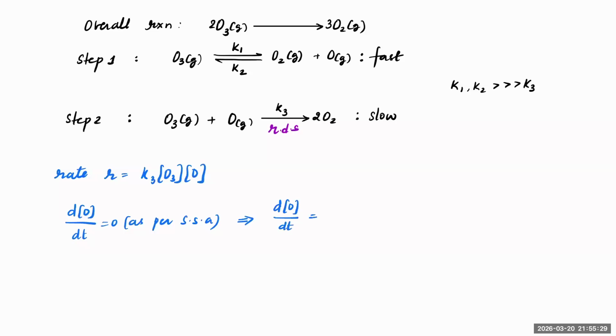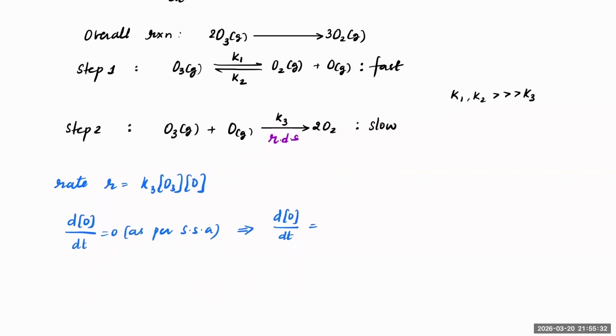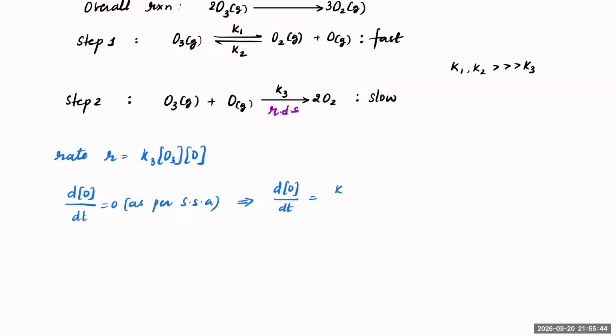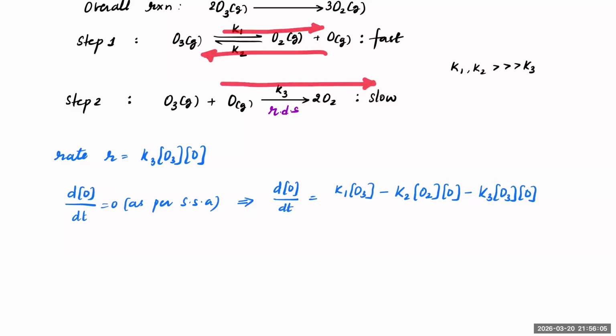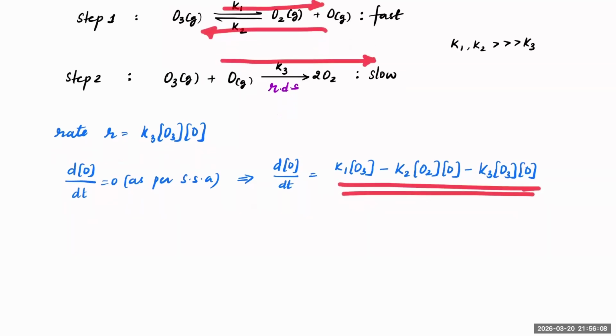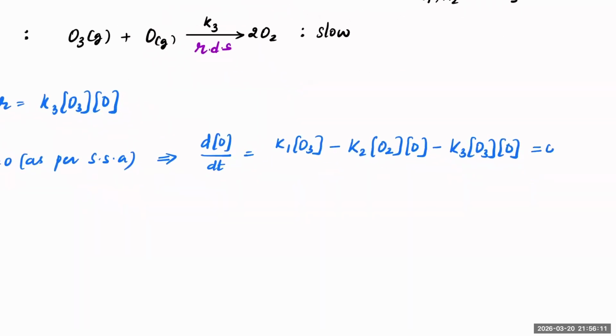The rate of change of the intermediate will be equal to, where is the intermediate forming in step 1 and step 2? You can see it is forming in the forward direction, losing in the backward direction, and again losing in the forward direction. So I can write this as K1 into O3 concentration minus K2 into O2 multiplied by O minus K3 into O3 multiplied by O. So it's gaining in this direction, losing in this direction and losing in this direction. This is the net rate of the intermediate and that must be equal to 0.